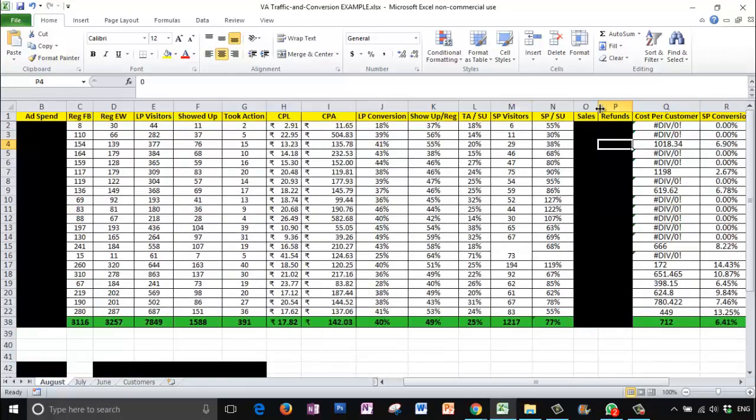So of the people who showed up for the event, 38%, according to Google, went and saw the sales page. Now this number I know varies quite a bit from this number, but that's life.